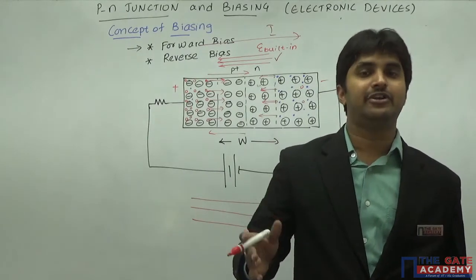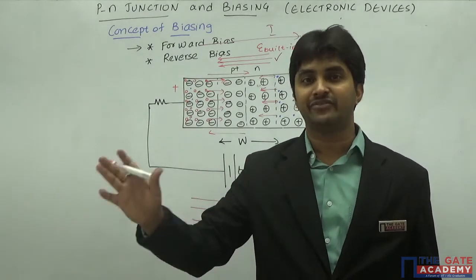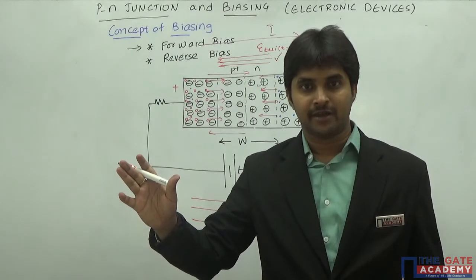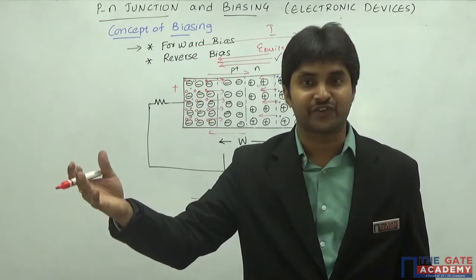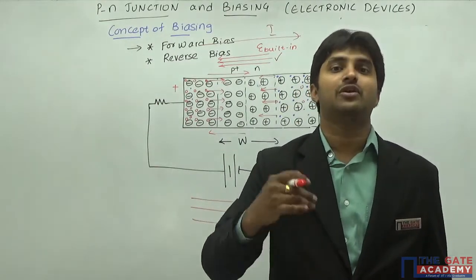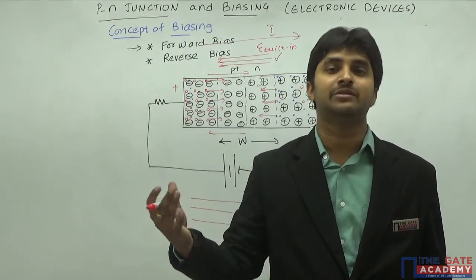See, here the forward bias is not applied so that we can have a drift current. We have learned already, right? Whenever you are having an electric field, the current produced is nothing but drift current.